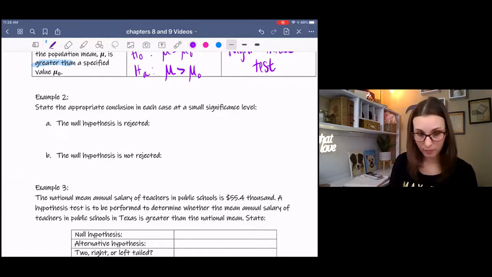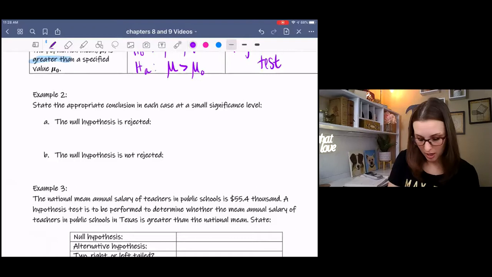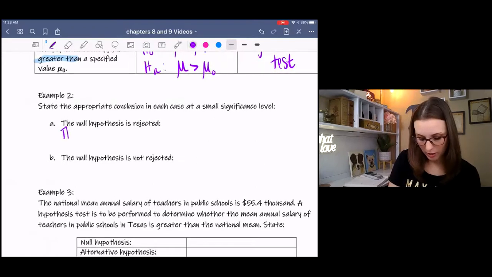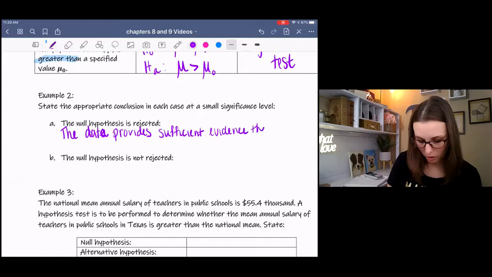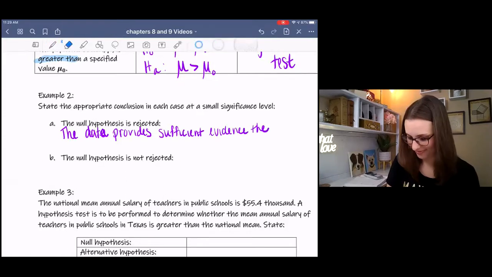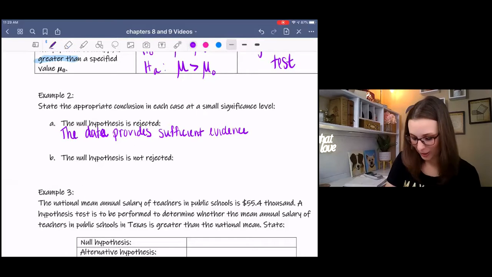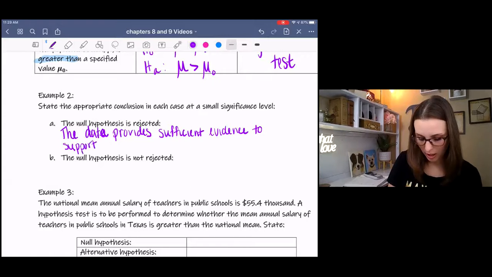We can say the data provides sufficient evidence to support the alternative hypothesis.